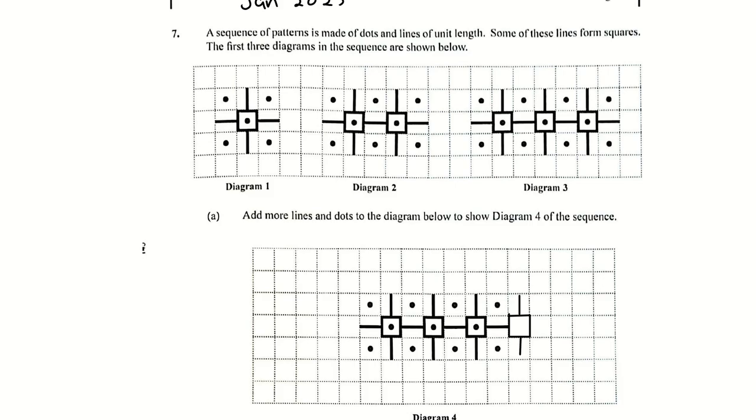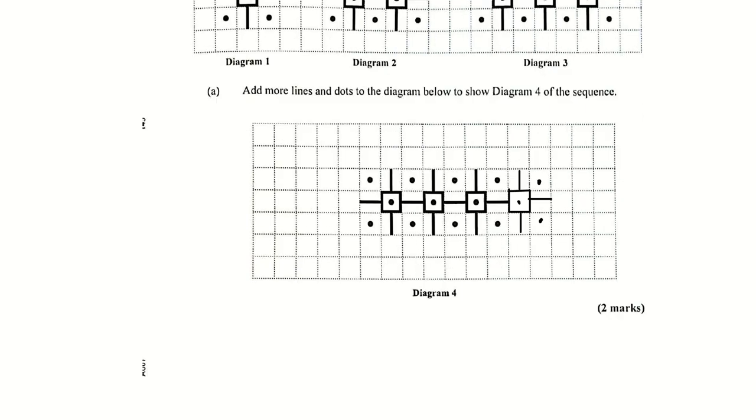Now you would have your ruler, so obviously this would be much faster for you than how I'm doing it here, right? And then if we look, we see that there are some additional dots, right? So one dot here and one dot here, and then a dot in the center here. And that is how your fourth diagram would look, right?